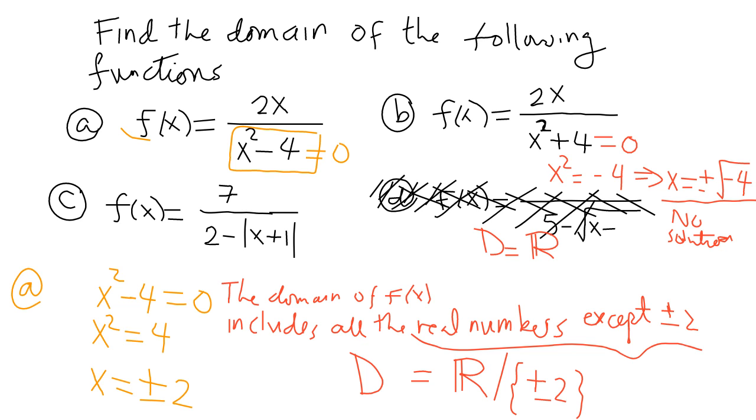So let us see the exact solution of this. Let me erase and solve this. 7 divided by 2 minus absolute value of x plus 1. We're looking for the domain of this function.